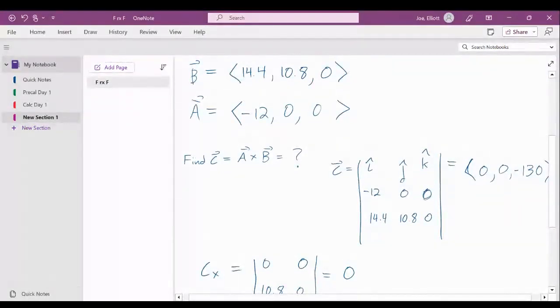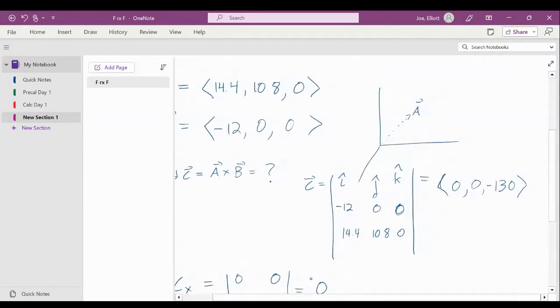So if we go back to our original drawing, which is not original because I'm drawing it right now, A would be negative 12 somewhere in this direction. X and Y would have, for B, would be somewhere here.